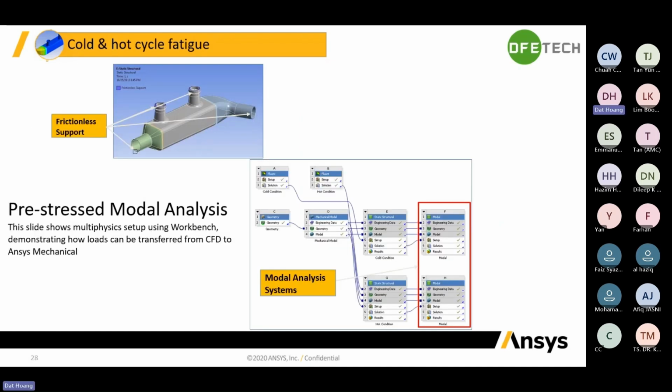Okay, and this is a system coupling, CFD and mechanical coupling simulation, to show the capability of Ansys to perform multi-physics simulation. So we use Ansys Workbench, and then we can couple between CFD, which is Fluent here, and mechanical simulation.